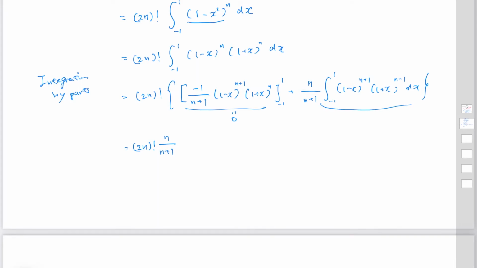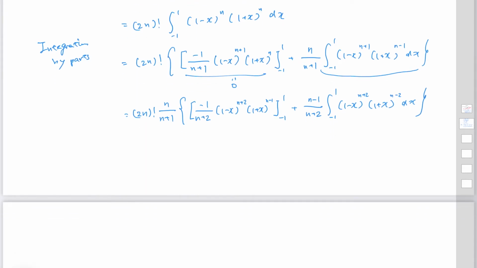Then again we apply the integration by parts to the second term. It is minus 1 over n plus 2, (1 minus x) to the n plus 2, (1 plus x) to the n minus 1, plus n minus 1 over n plus 2, the integral of (1 minus x) to the n plus 2, (1 plus x) to the n minus 2 dx.